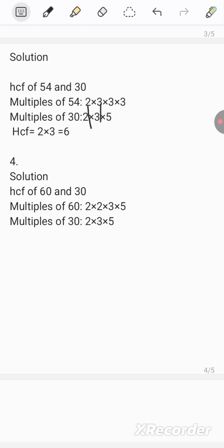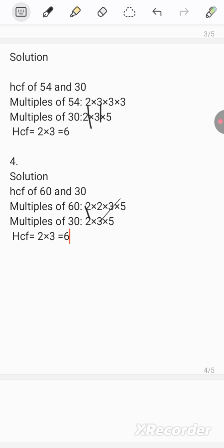What do we do next? We find the multiples common to both numbers, and we multiply all those multiples to get the HCF. From this, we can see that the common multiples are 2 and 3, and the HCF is 2 times 3, which is 6.